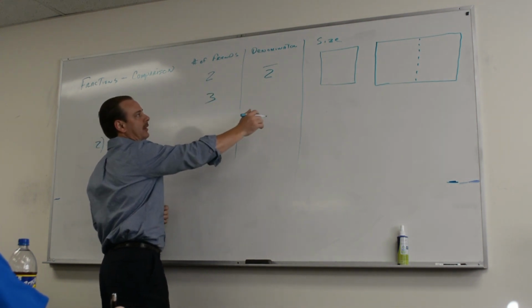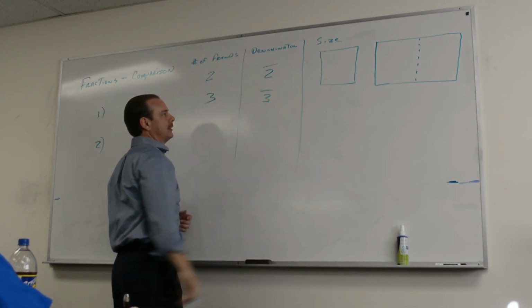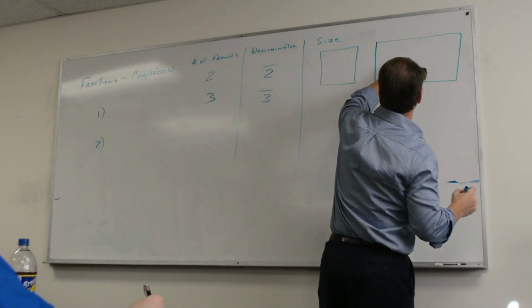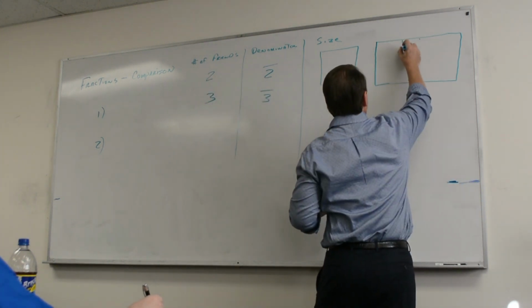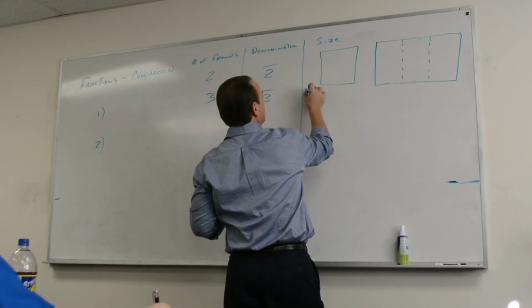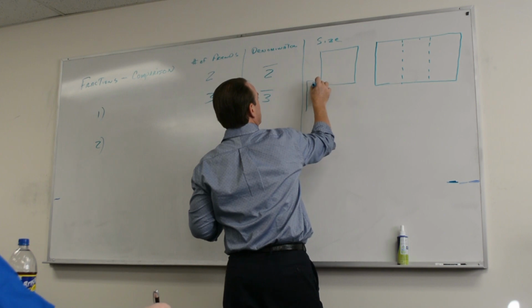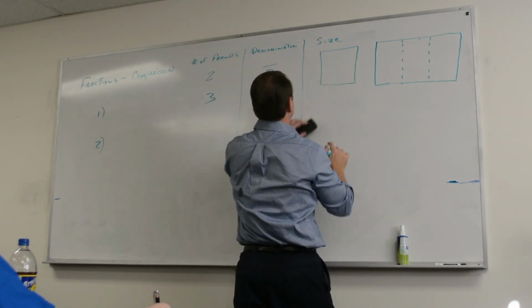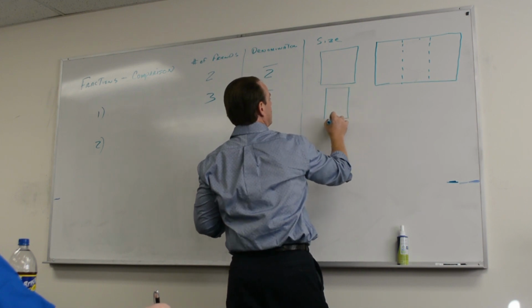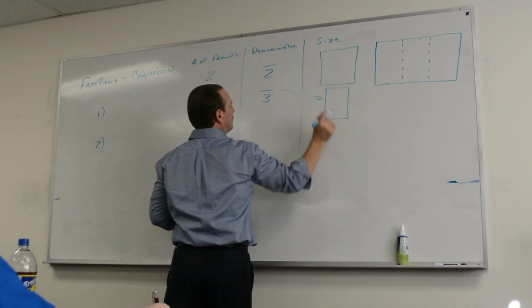What are we going to put in the denominator? 3. And the size is going to be, I'm going to change this around here a little bit. So 1/3 of each. And let's try doing it like this. Oop, can't do it that way. Let's go like this. Approximately like that.